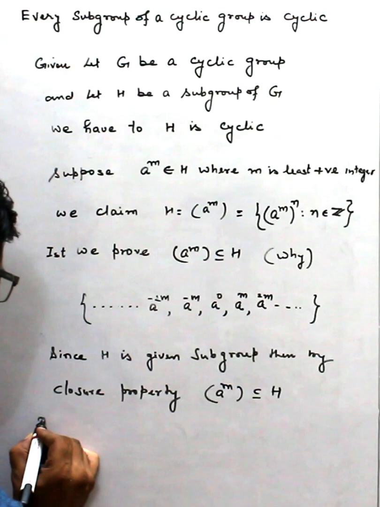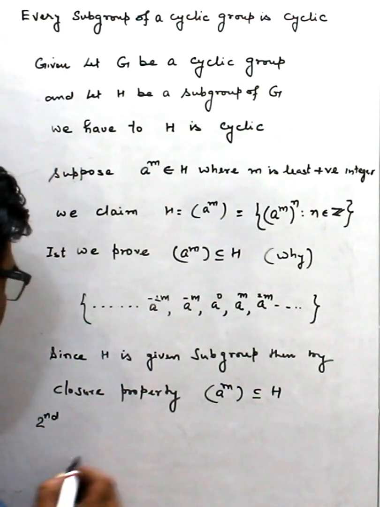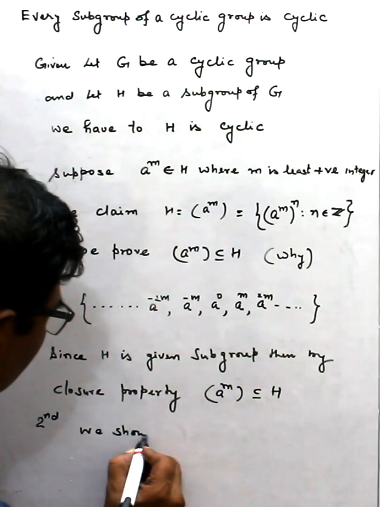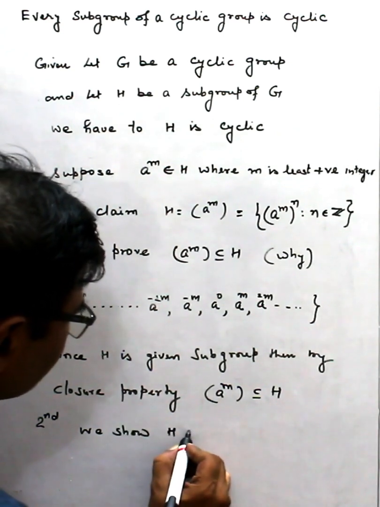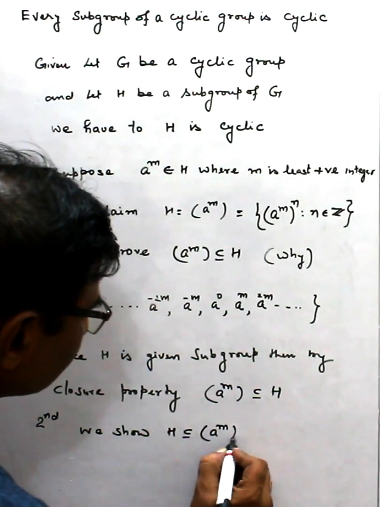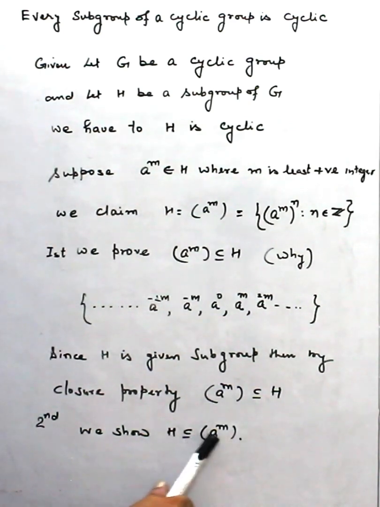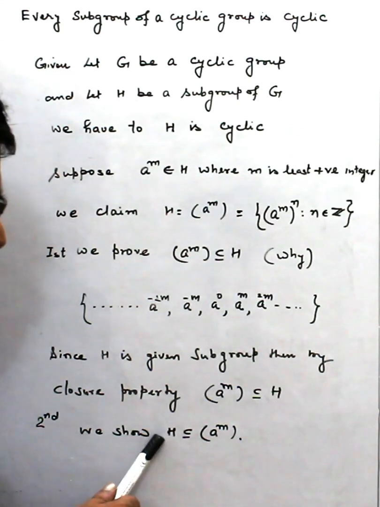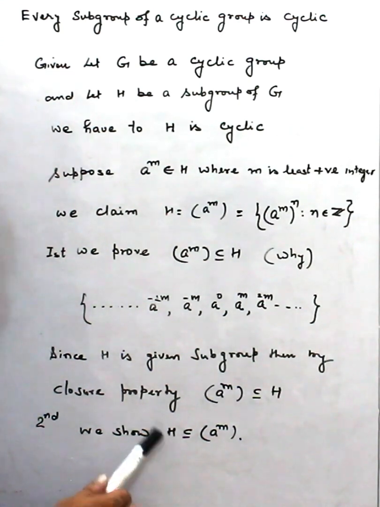Now second, we show H is contained in <a^m>. To show this part, we suppose some element b of H and we decide that the element is also there.